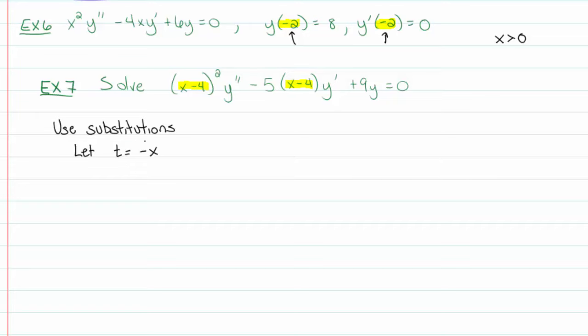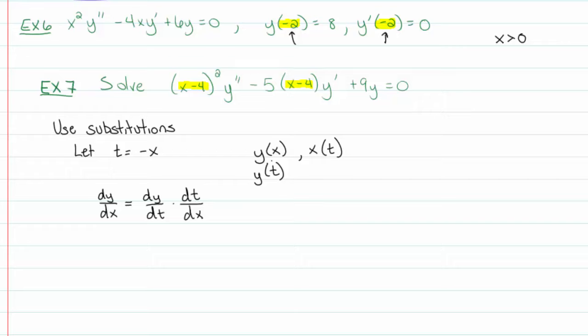So instead of y being a function of x, we could say y is a function of t, and in reality, y is a function of t through x itself. So you're originally working with dy dx, but in reality, you're going to have dy dt times dt dx.